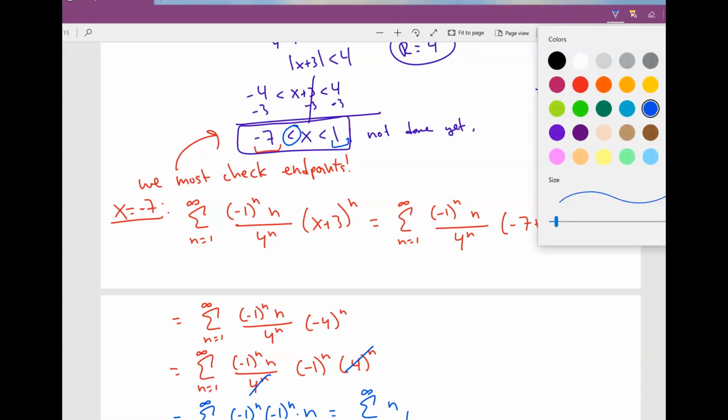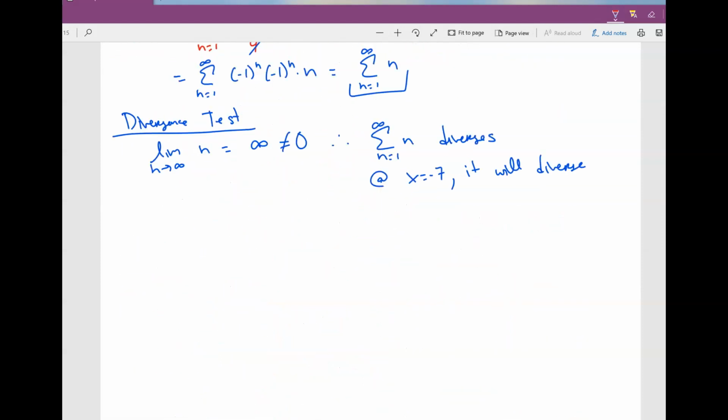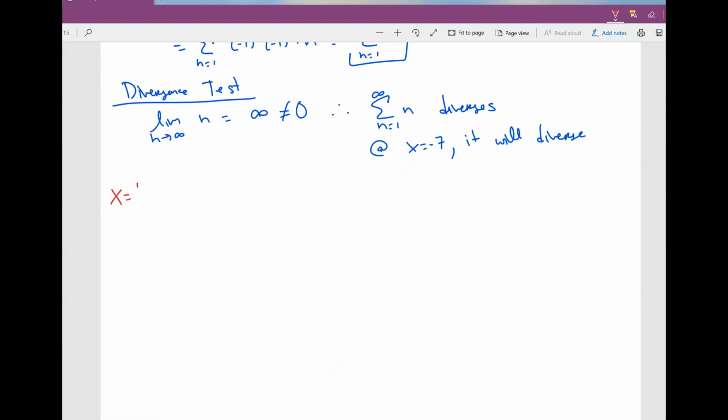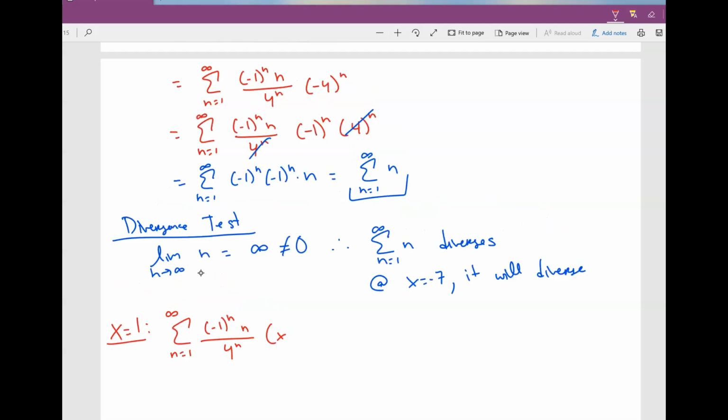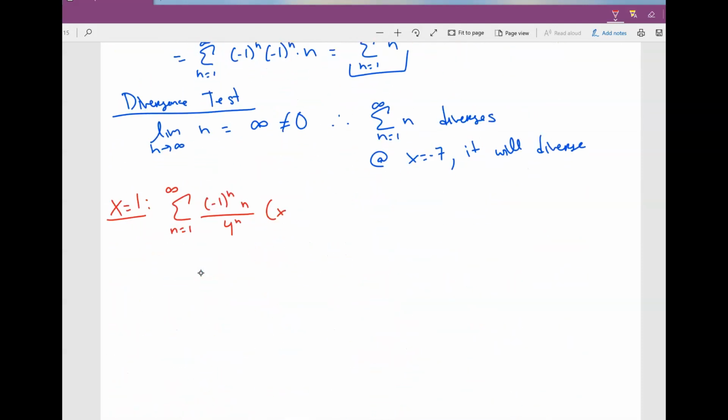So now let's go ahead and check x equals 1. Let's plug in x equals 1 now. We're going to have the sum from n equals 1 to infinity, negative 1 to the n, n over 4 to the n, times x plus 3 to the nth power.